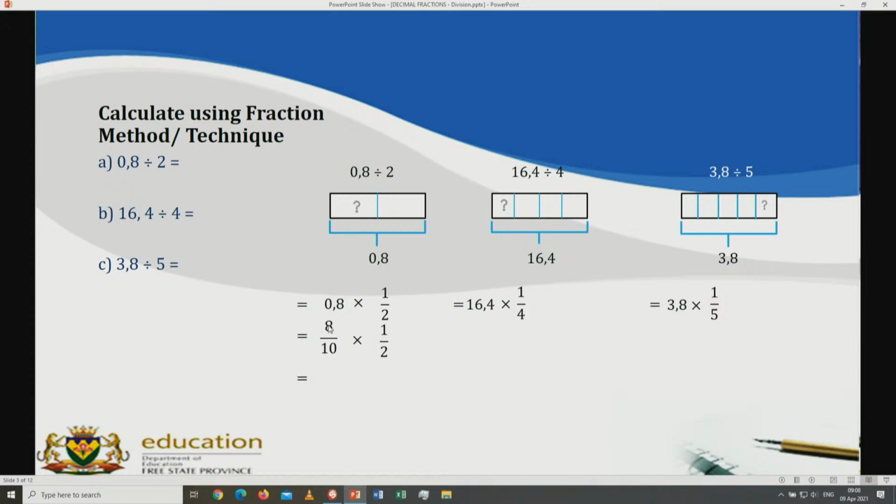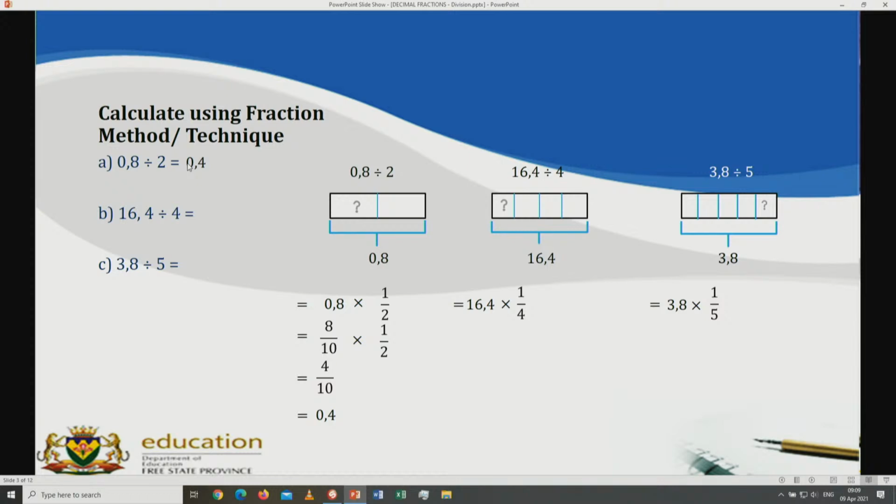And 2 into 8 goes how many times? 4 times. So that means 4/10 multiplied by 1 will give us 4/10. Then we go back to the decimals. 4/10 means that we have 0,4. This is 4/10. That is our answer, as we can see.